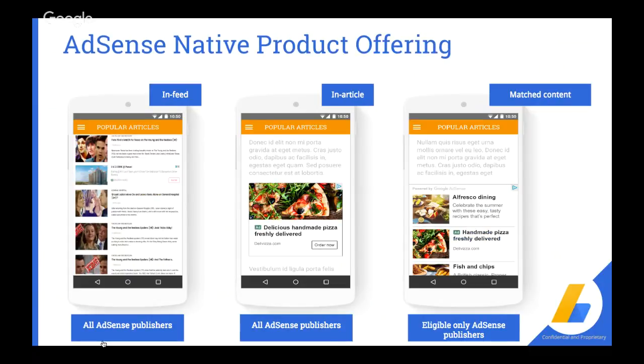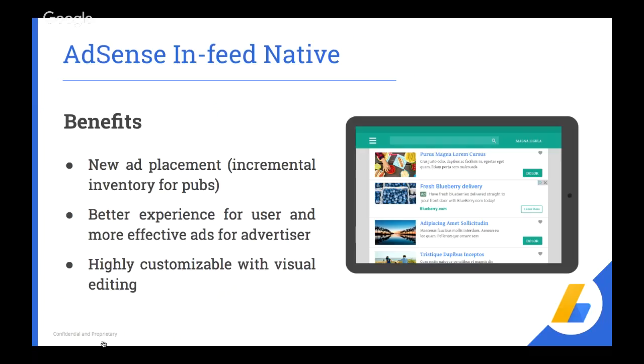We have In-feed, available for all AdSense publishers. We have In-article, also available for all AdSense publishers. We are going to see later how to implement them and where to find them. And after that we have Matched content, which is just available for some publishers that are eligible based on their website.